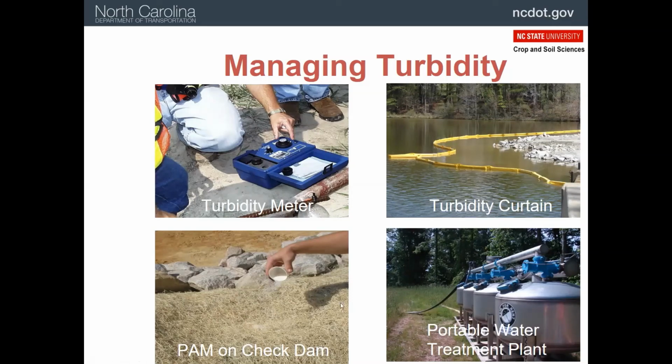In the worst case, you may have to install a portable water treatment plant, as you see on the lower right. I've seen that on a DOT project and on Walmart construction sites, but not very often, very expensive.